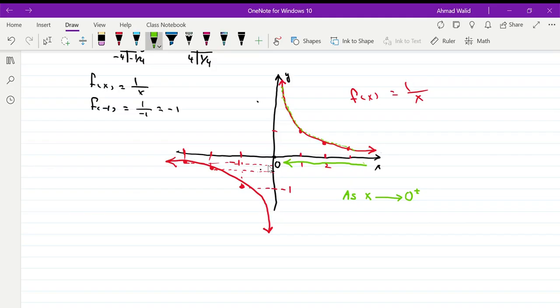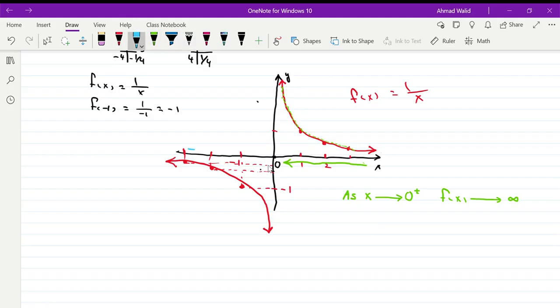Please do not read it as 0 to the power of positive. No, you are not reading it that way. As x approaches 0 from the right, what does the function do? f of x approaches positive infinity.